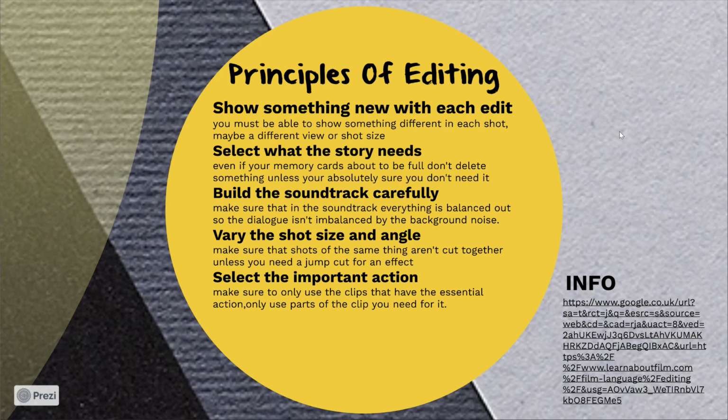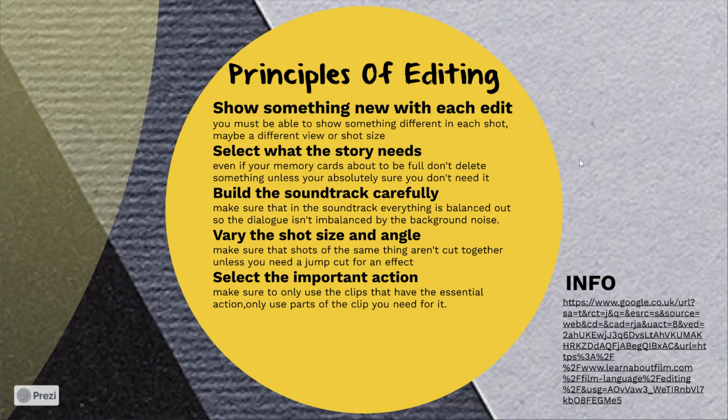Principles of editing. Showing something new with each edit means that every scene in a movie must be a different take or seen differently, like a different view or shot size. Select what you need means take what specific scenes or photos from the memory card, as they can get full up easily and that leaves a strain in production.